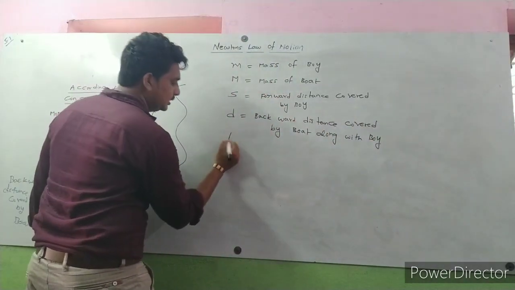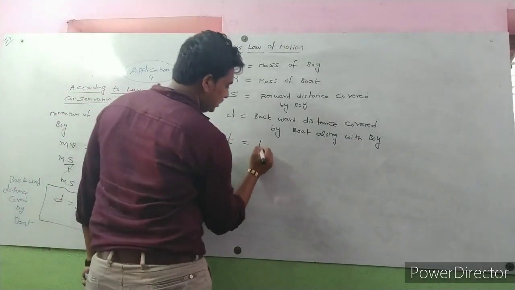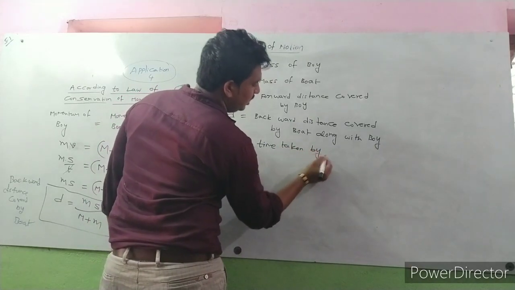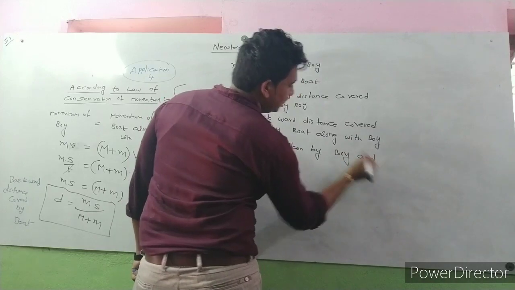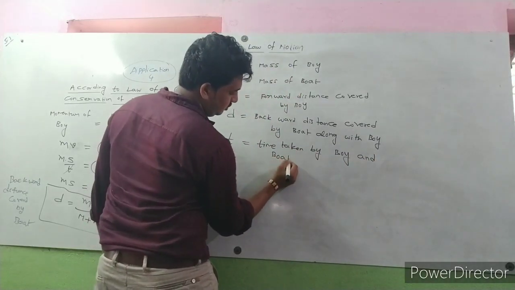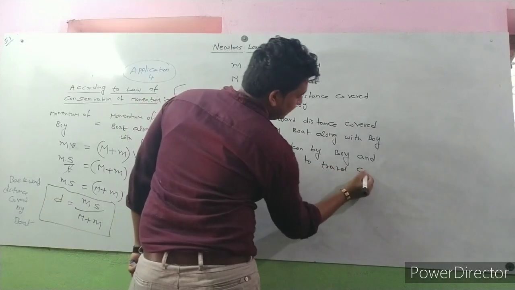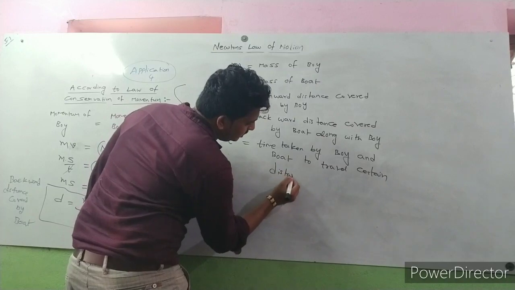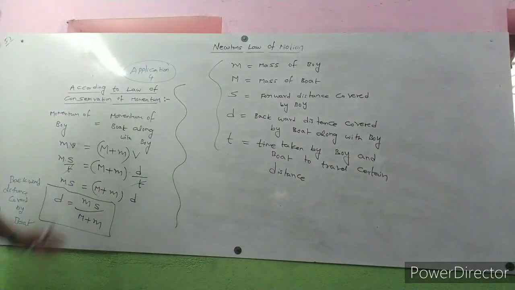Next, t is the time taken by the boy and boat to travel a certain distance. So these are the parameters we are using here.